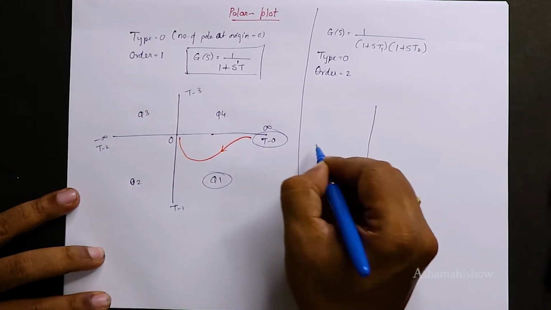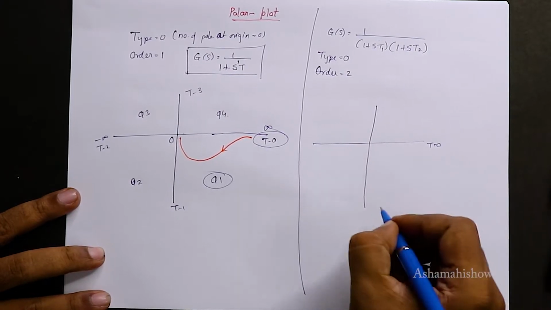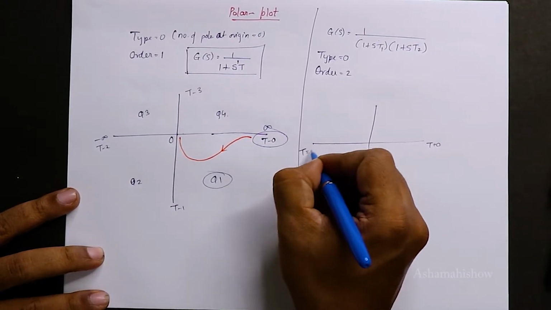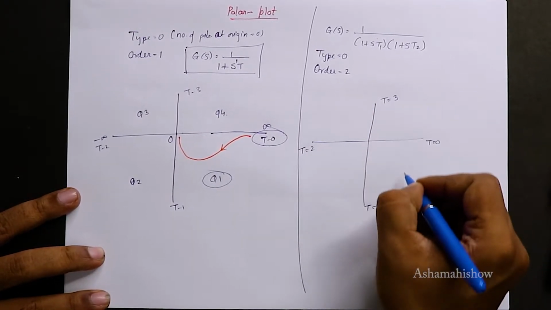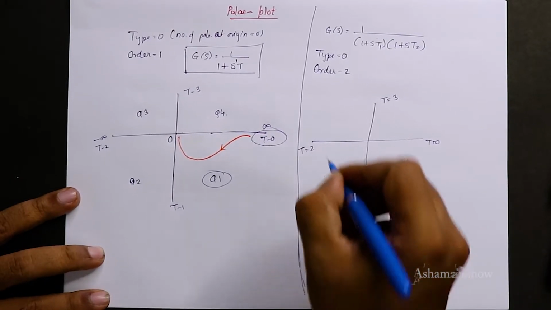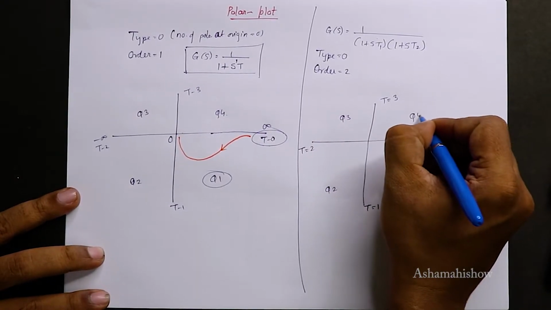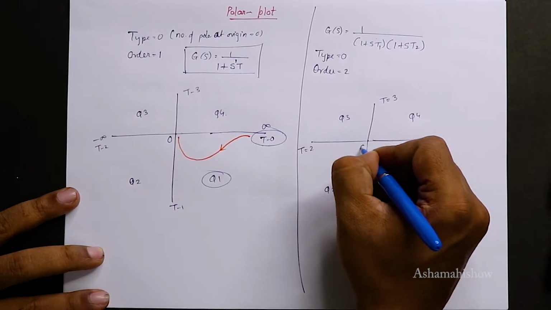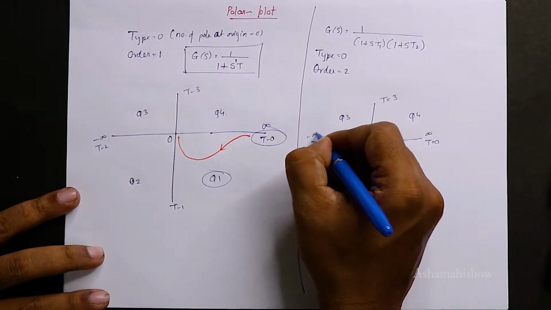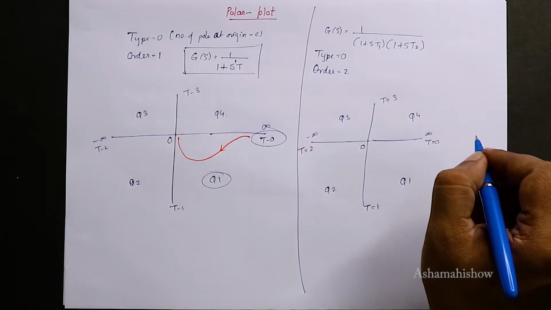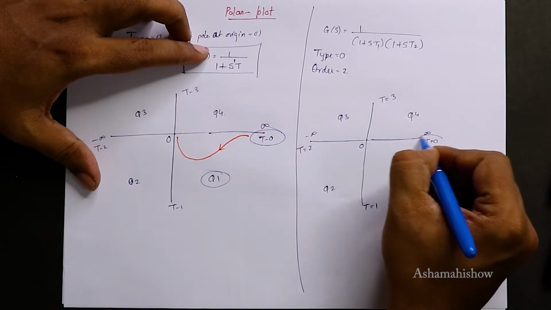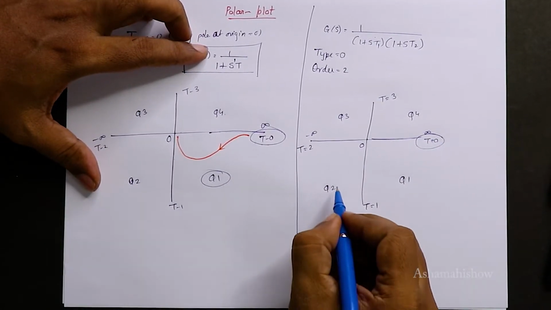Now again I'll be dividing this. Once you practice this, you'll directly get to know how to draw the plot. I usually practice this every time I am drawing the graph. This is 0, this is infinity, this is minus infinity. Type 0 is type 0, and your order 2 is quadrant 2.